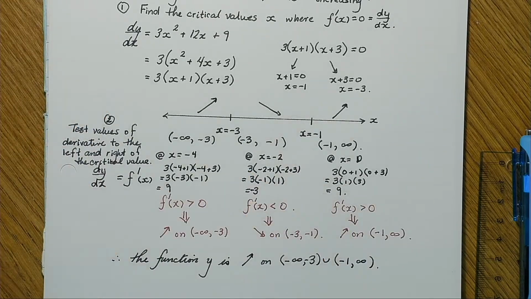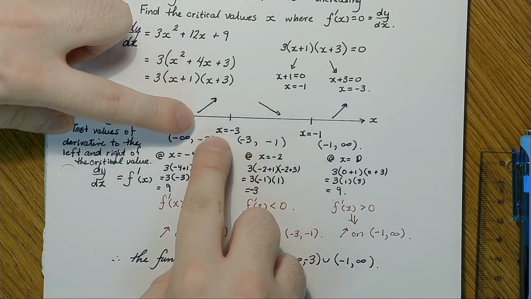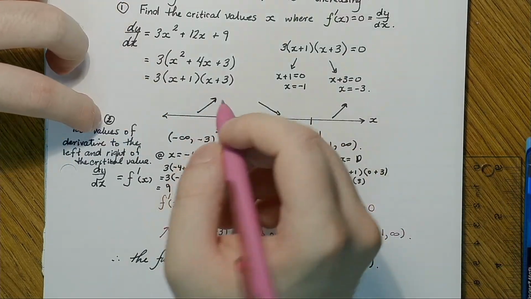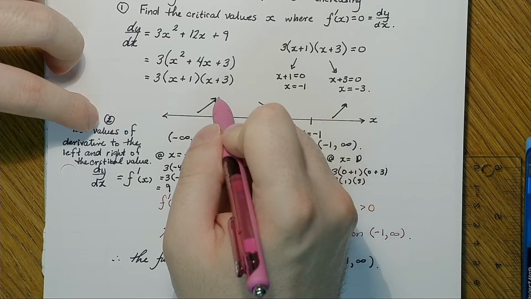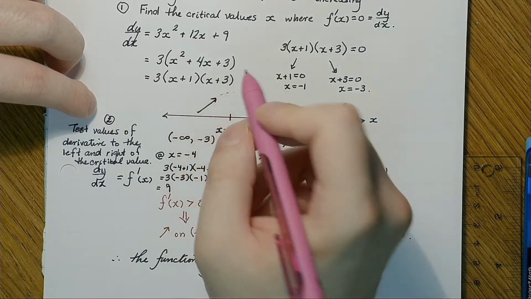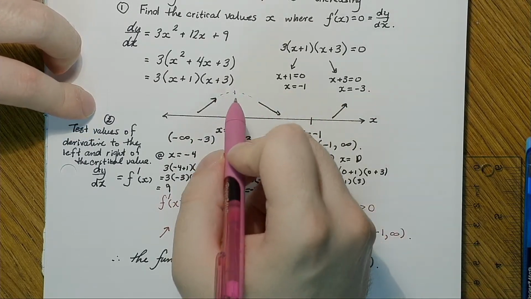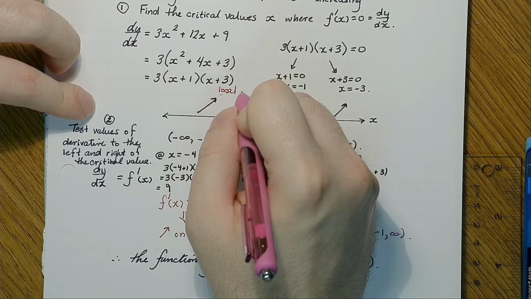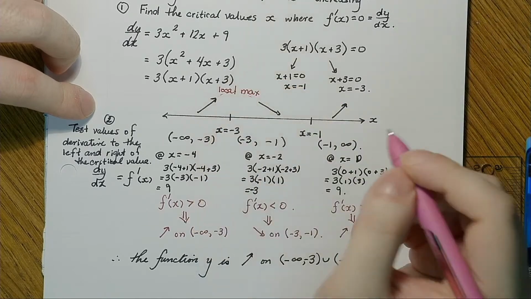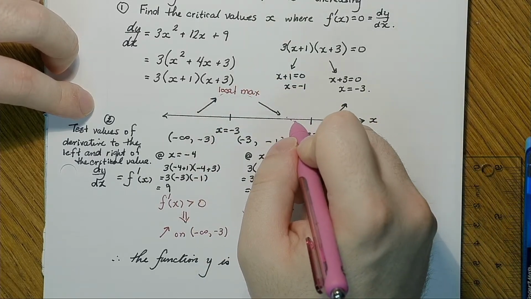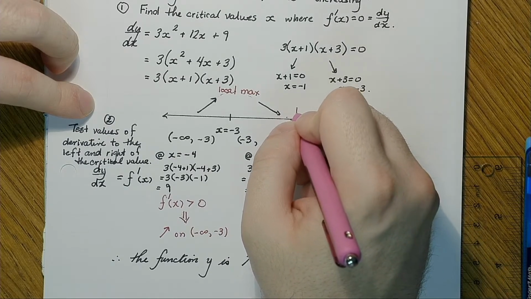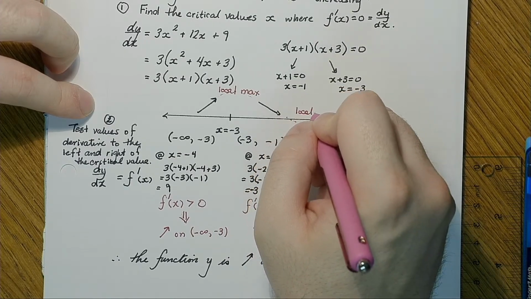The other thing that we can do is we can also say that at x equals minus 3, we see that it's increasing and then decreasing. So around that point, right there, it's a local max or a local maximum. And as we're going from here to here, at the minus 1, this is a local min.